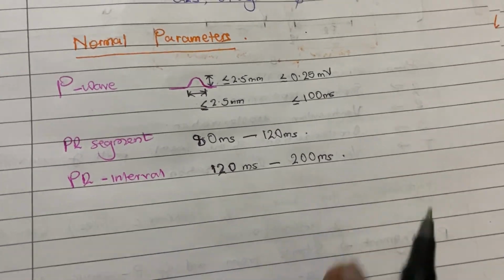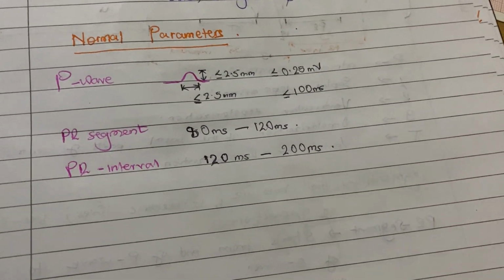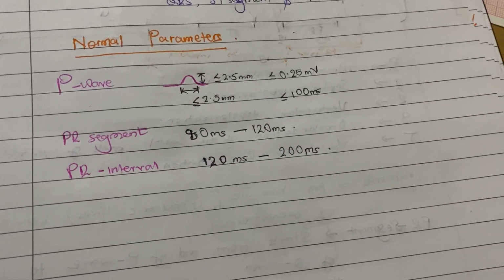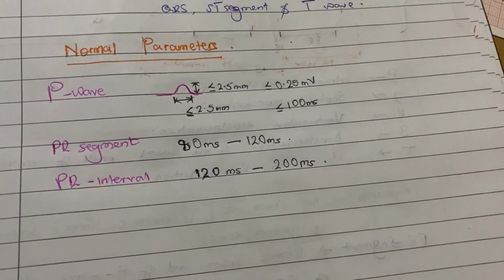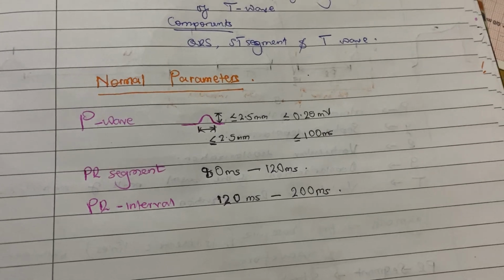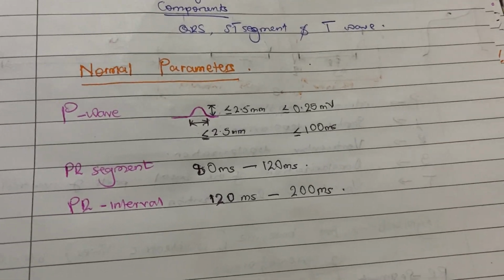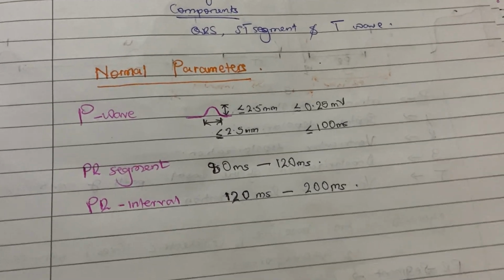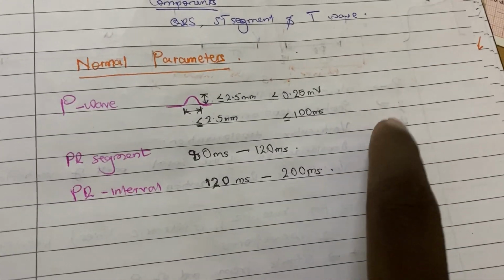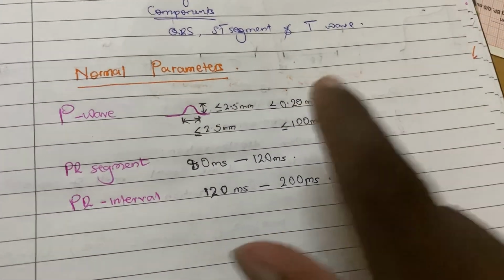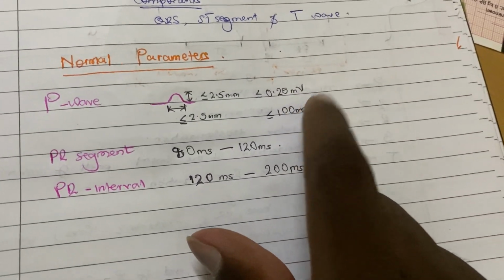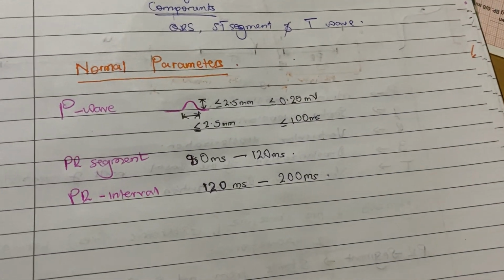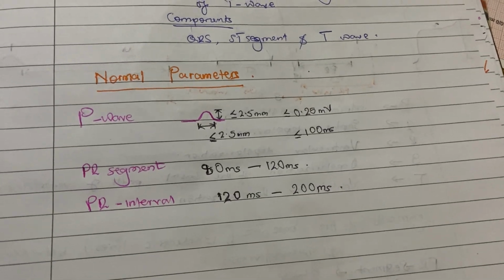That's what it should be. If it is prolonged, then we shall see those conditions. Conditions for prolonged PR interval, conditions for wider P waves or peaked P waves. Wider P waves if it's more than 100 milliseconds, or peaked P waves more than 0.25 millivolts. You shall see that one.